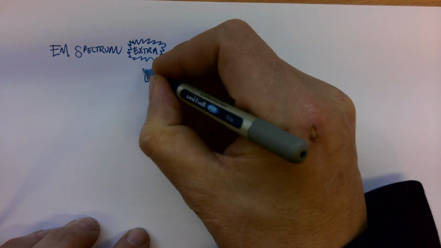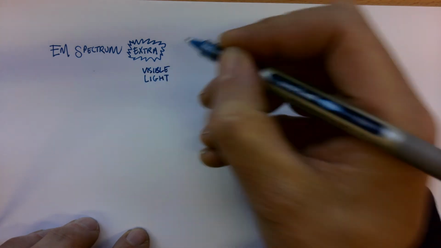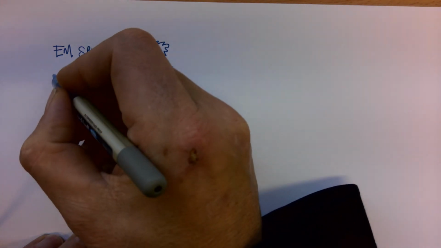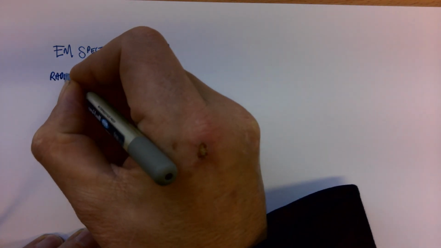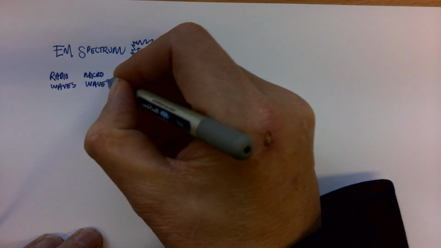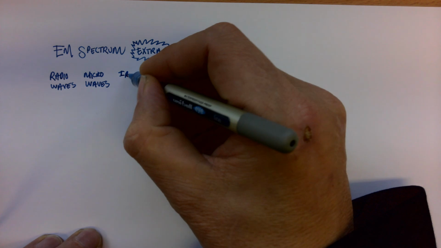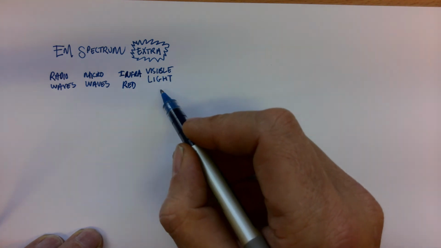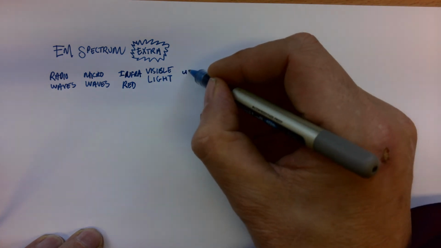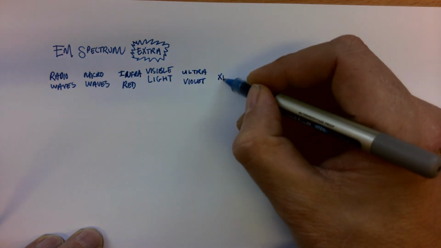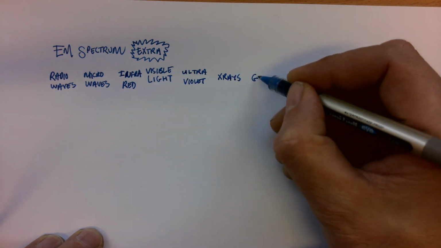So we have visible light that you're all familiar with, and then over to one side over here we've got radio waves, we've got microwaves, infrared, then we've got visible light in the middle, then we've got ultraviolet, X-rays, and finally gamma.